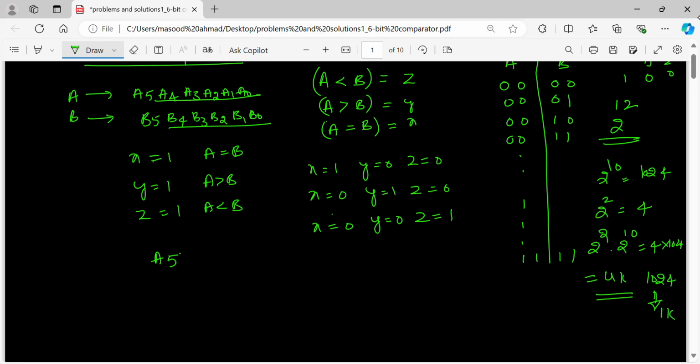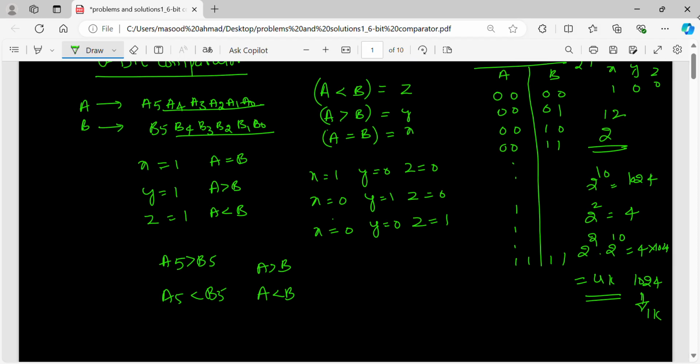If A5 is greater than B5, I can say A greater than B. Or if A5 is less than B5, it doesn't matter about all these other bits, I can say A less than B. If these two are equal, A5 equal to B5, then we will look at the rest of the bits. By doing so, I can get the expressions for A less than B, A greater than B, and A equal to B.